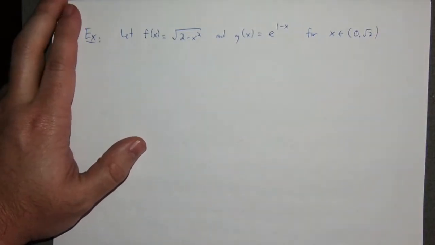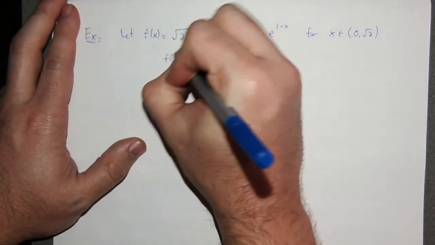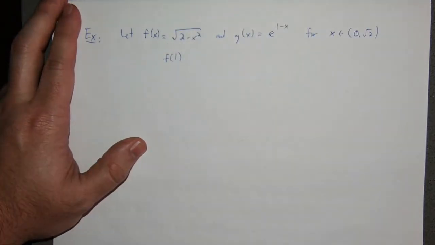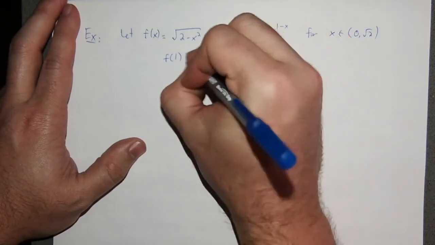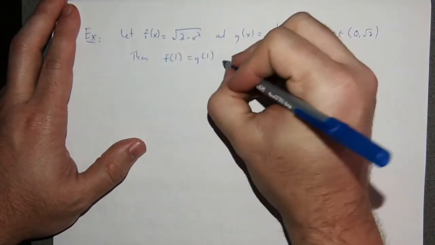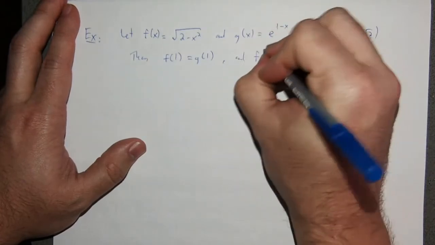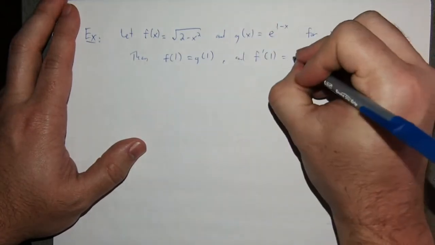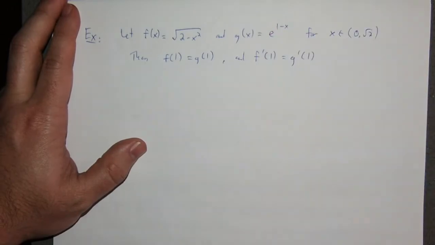Then f of 1 and g of 1 are actually equal, and f prime of 1 is equal to g prime of 1. You can check that really quickly.